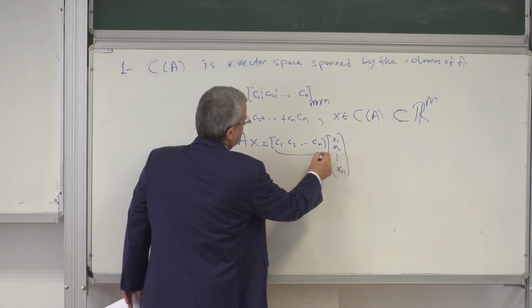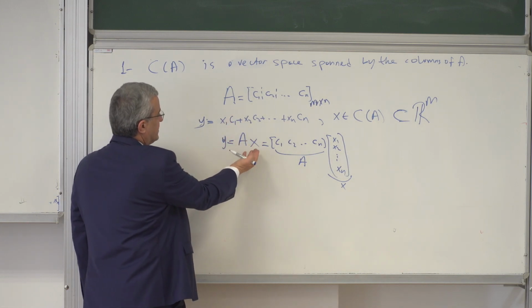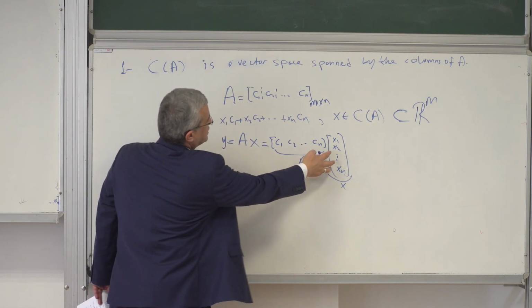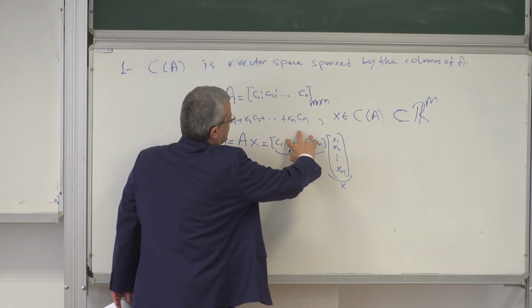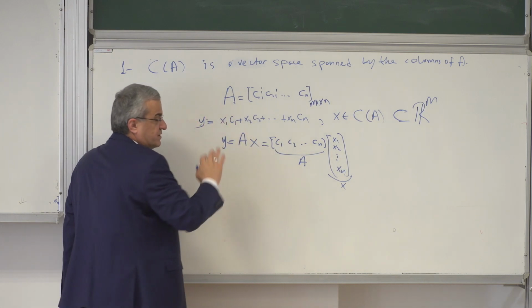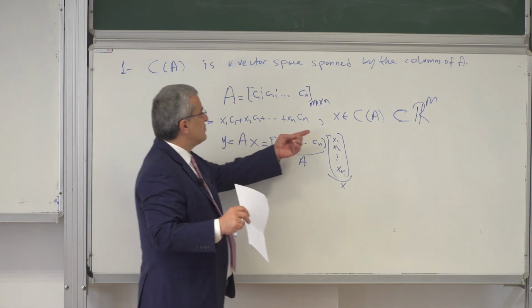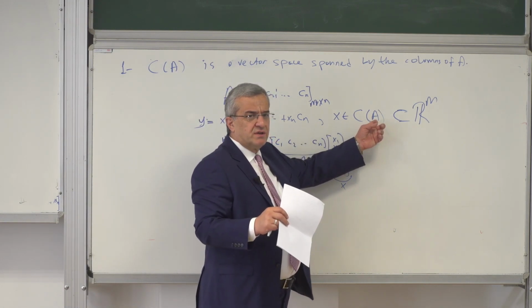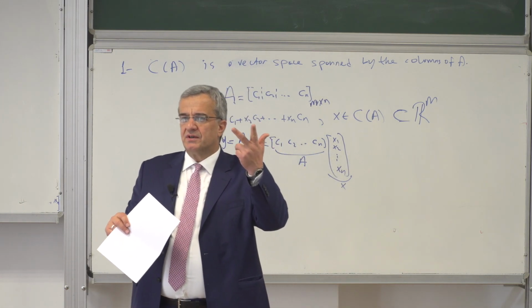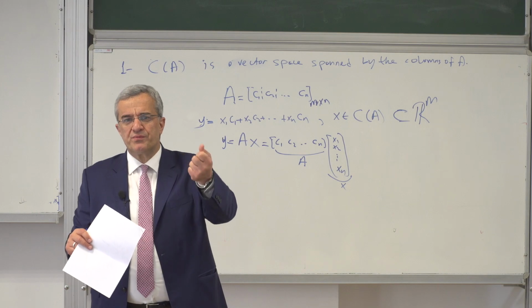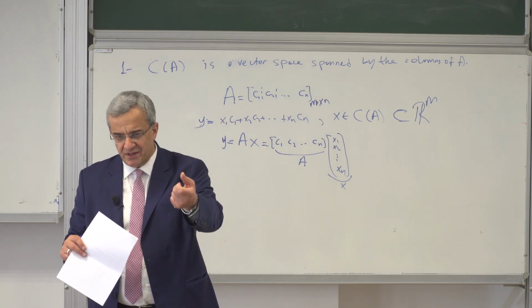So you multiply A with x, and you get a linear combination.